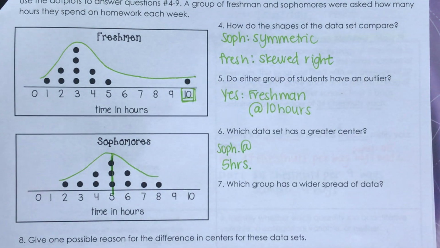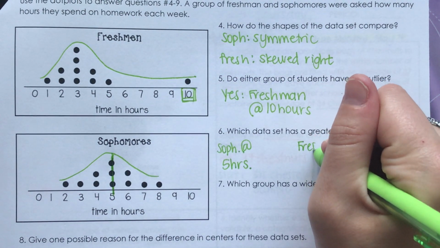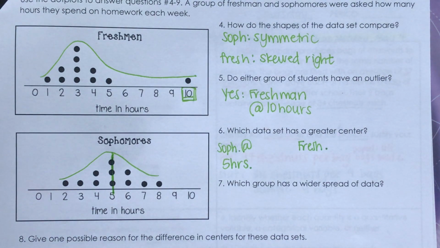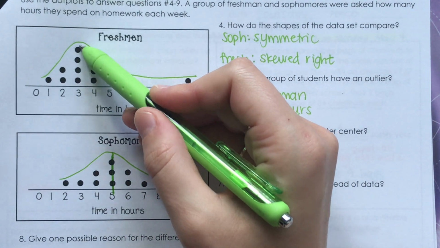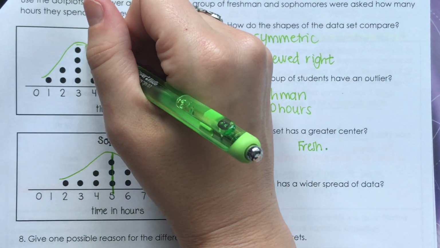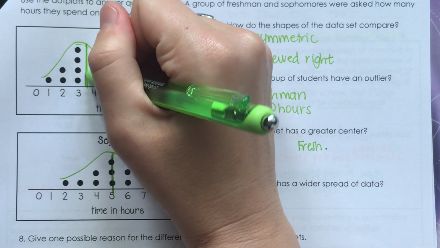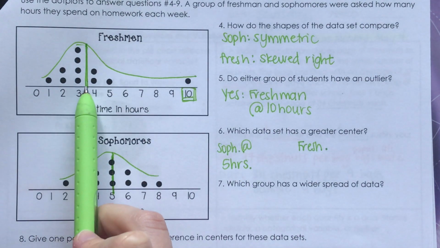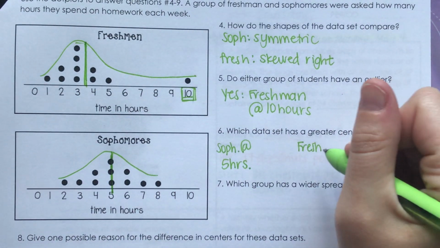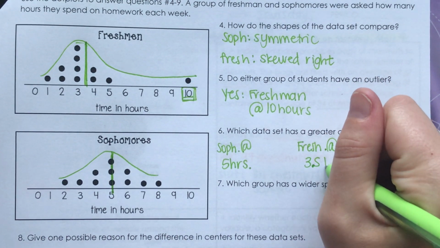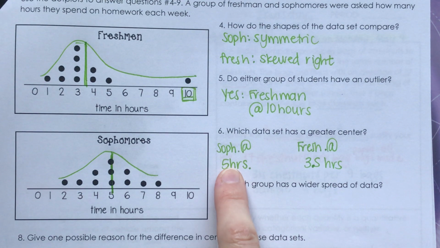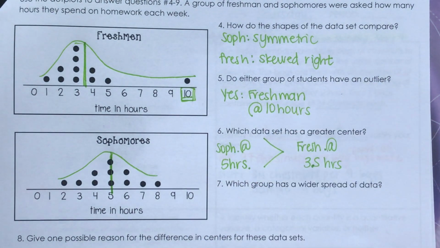If we look at the freshmen, their center that we are going to use is the median, and the median is just a little bit further than where the hump is. I'd say it's at about 3.5, 4, somewhere around there. The sophomores obviously have a greater center than the freshmen.